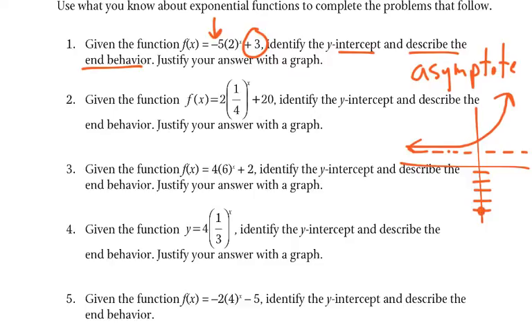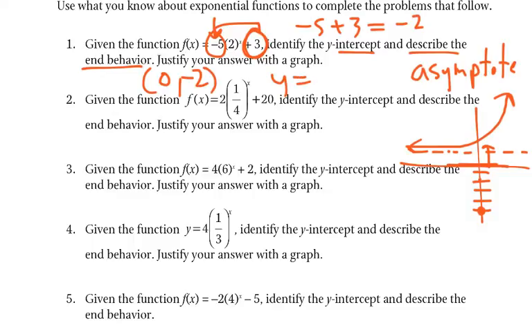The problem is that +3 is going to move the asymptote from the x-axis up 3, so it'll bump that up 3. So you basically take the first and that last and you add them together to get your y-intercept. So your y-intercept would be (0, -2), and then your asymptote would be y equals 3.